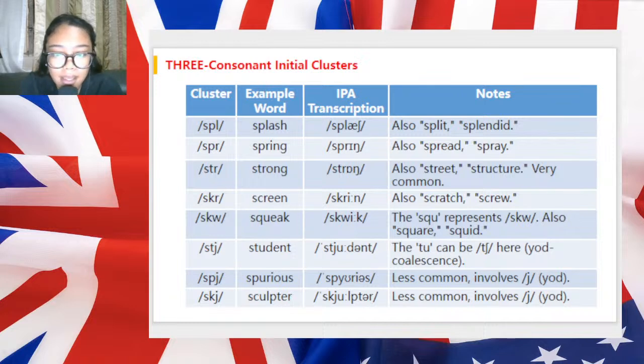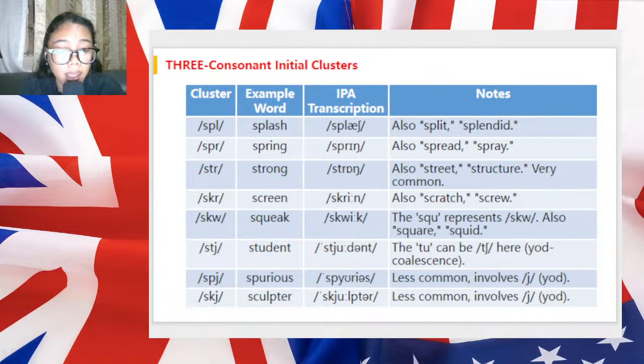Next to that, the last consonant initial cluster is the SKJ cluster, as in sculptor. Similar to the last two, this is also less common but follows the pattern, okay?